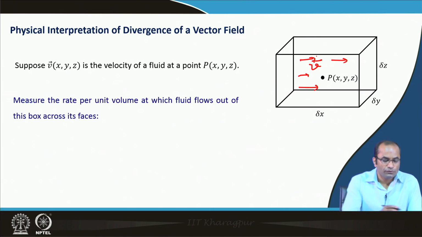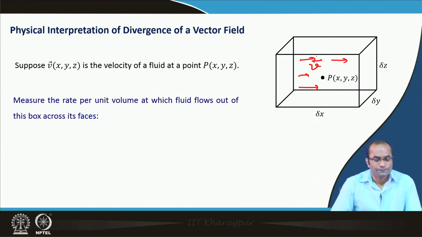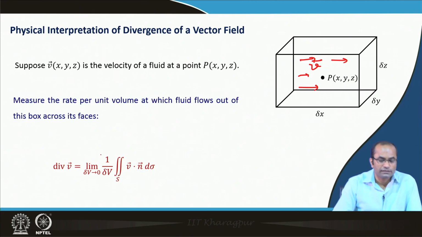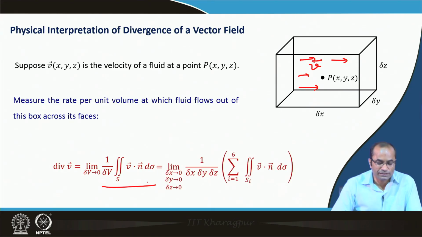So, if you want to measure the rate per unit volume at which the fluid flows out of this box, then we need to compute precisely that surface integral which was defined in the definition, and we have considered a simple geometry here, the box around this point P. So, the evaluation of this surface integral will be much easier, because the surfaces are these planes.